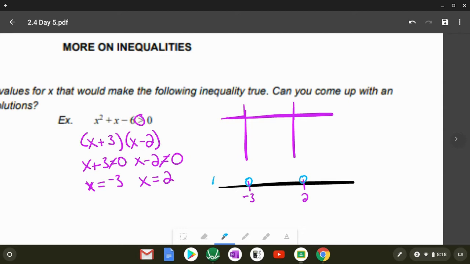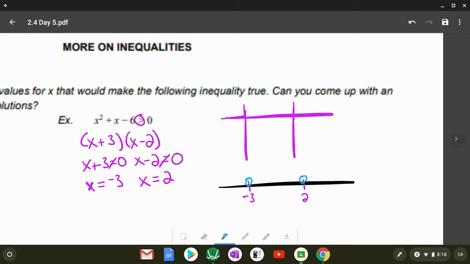Then all of the numbers in this section are going to have the same result, either positive or negative, and all of the numbers in the next section are going to have the same result, and all of the third section numbers are going to be the same.